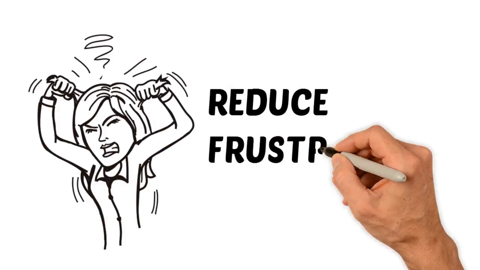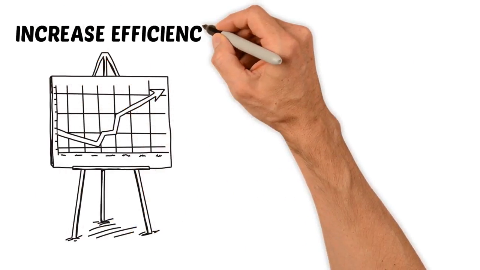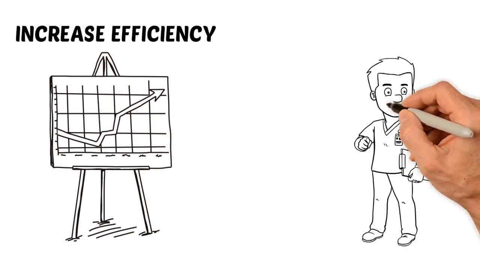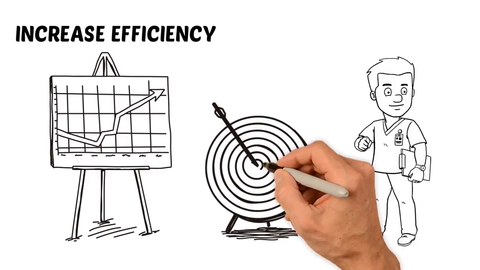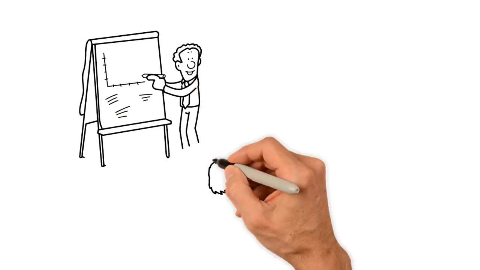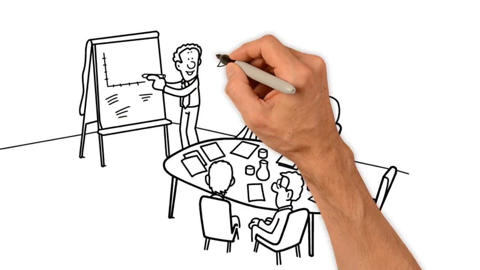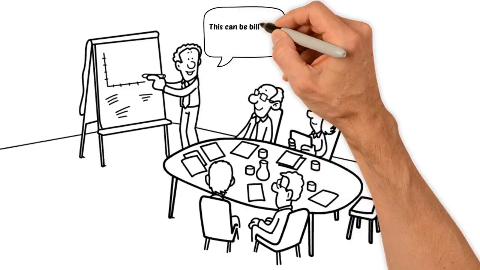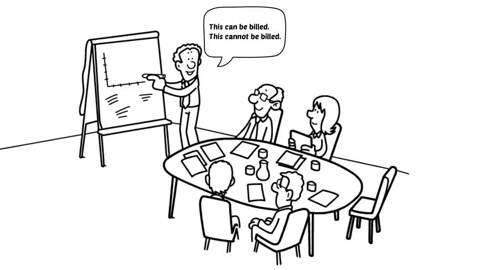Reduce frustration. Increase efficiency in getting to our common goal of enabling and supporting meaningful trials at UCSF by freeing up PIs and study teams to focus on their research, not the details of federal billing guidelines. Help all parties understand what can and cannot be billed to Medicare and why, thereby supporting effective negotiations and budgeting.